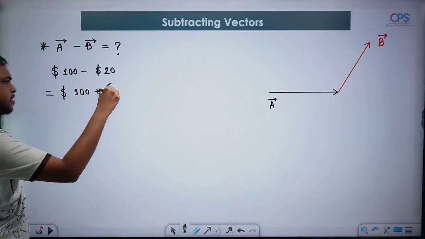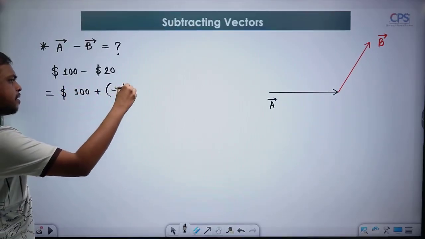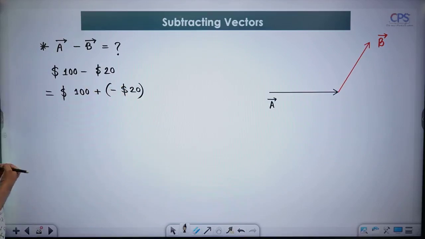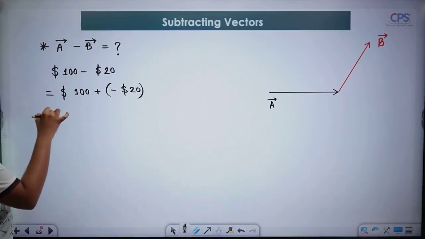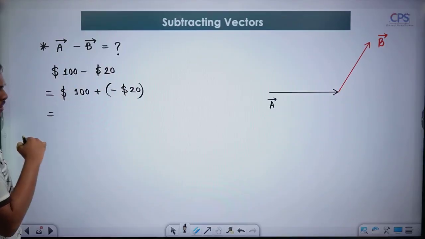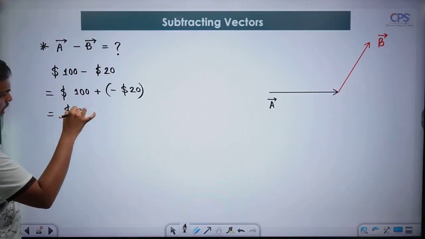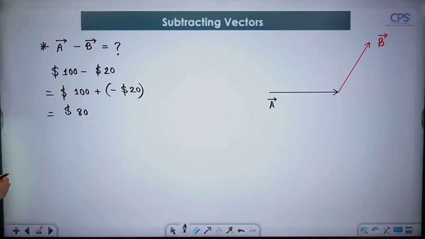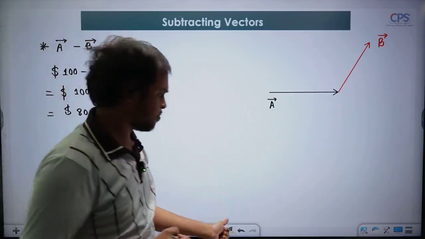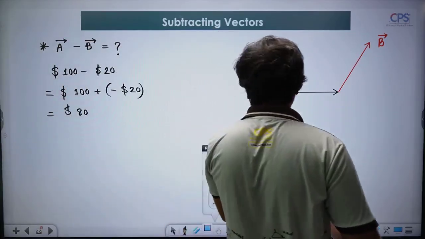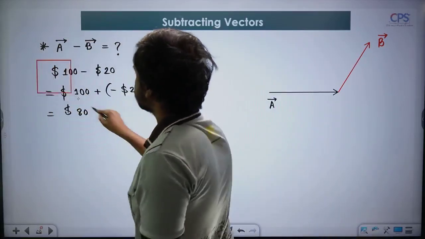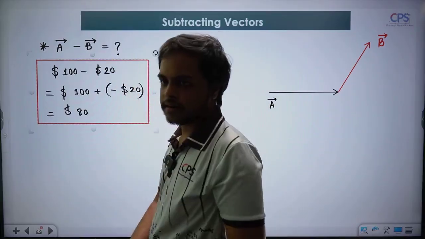We actually add minus 20 with 100. So 100 plus minus 20 will be $80. This is the principle of subtraction, okay? This is the basic of it. So we need to apply the basic here.